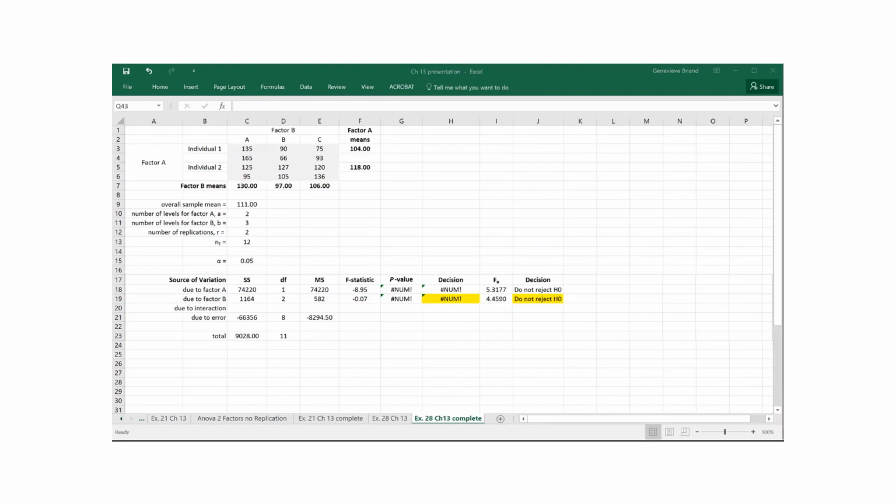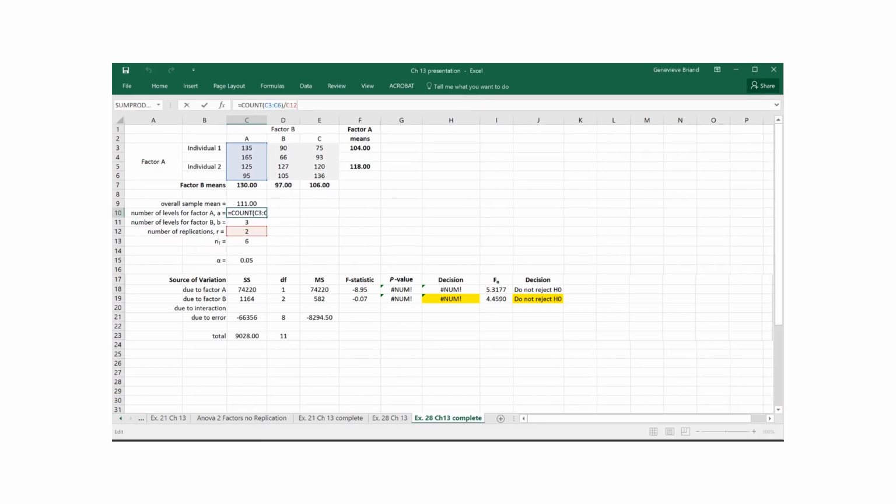Here's our template that we are in the process of modifying and completing for our factorial experiment. We already made the changes we just outlined. First we enter the number of replications by hand. Then we can specify the number of levels for factor A to be the total number of rows of the data in our table divided by the number of replications.